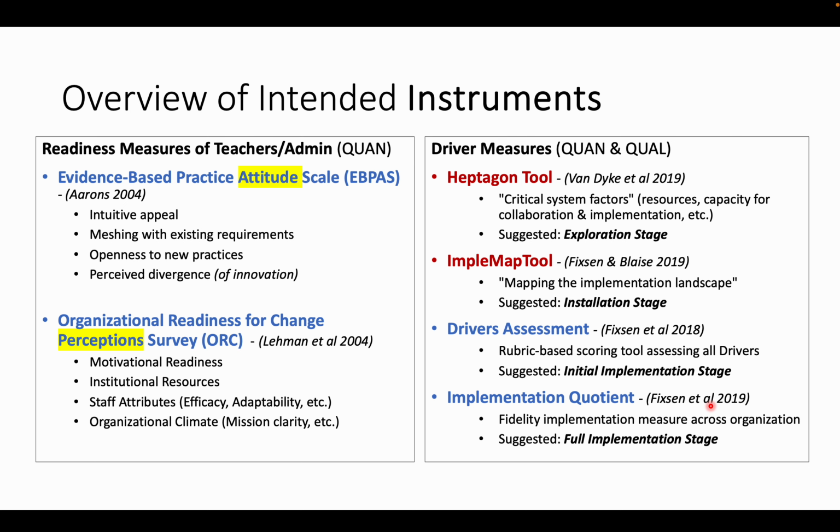And so the questions, I guess, are: one, is this appropriate in terms of mixing and matching, for example, the different tools? For the driver measures, Fixsen et al. and the group of researchers suggest tying them with specific stages in the implementation process.